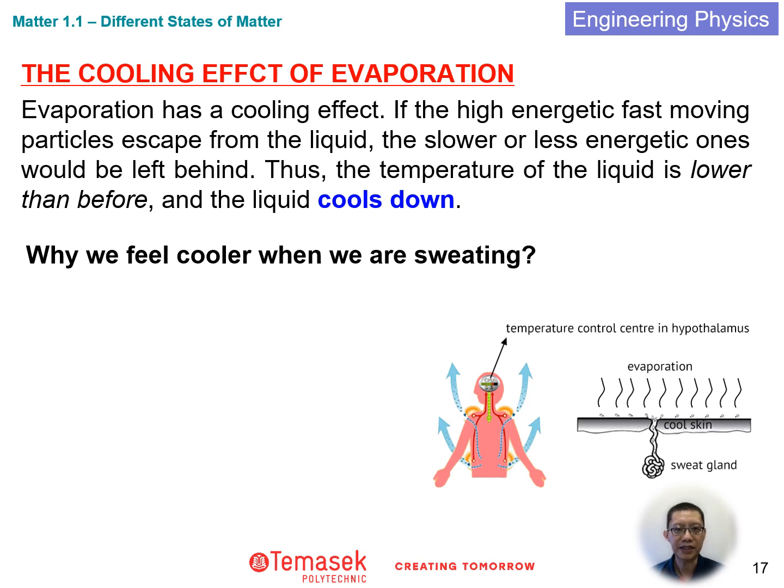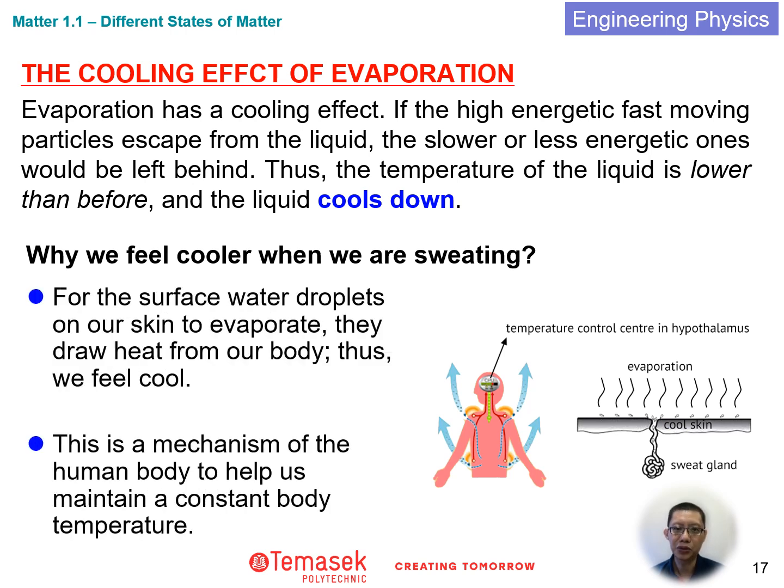This principle explains why we feel cooler when we sweat. As the water droplets on our skin evaporate, they absorb heat from our body, making us feel cool. This natural process helps the human body regulate and maintain a constant temperature.